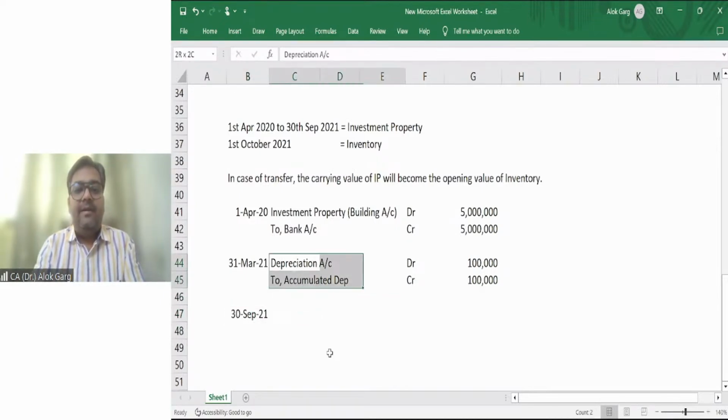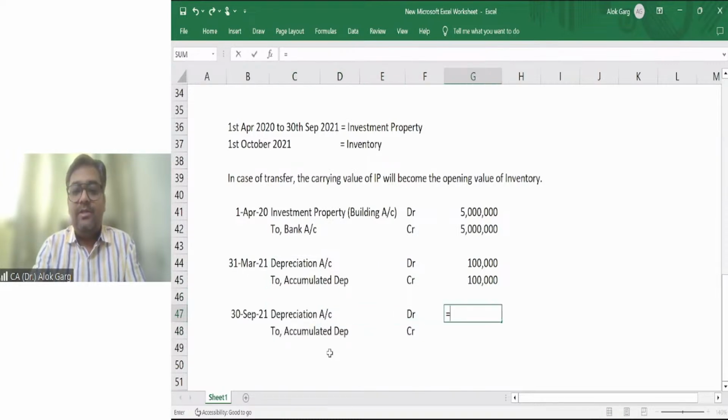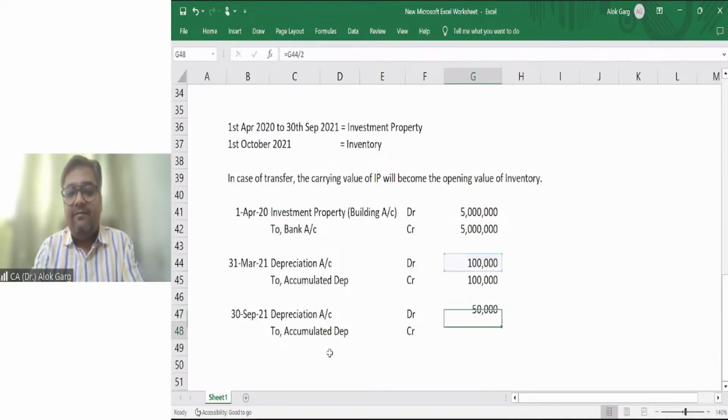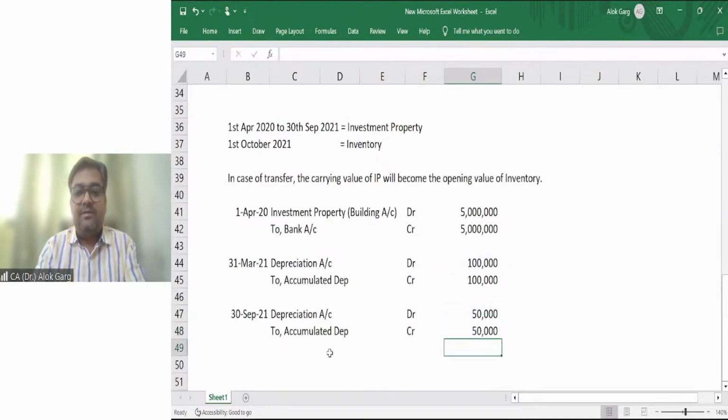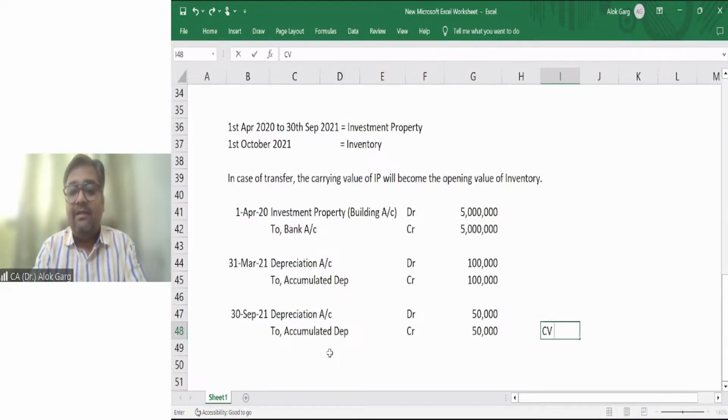Again, the same entry: depreciation to accumulated depreciation. How much? It is for half a year. Full year it is 1 lakh, then half year is 50,000. So now what is your carrying value of investment property as at 30th September 2021?